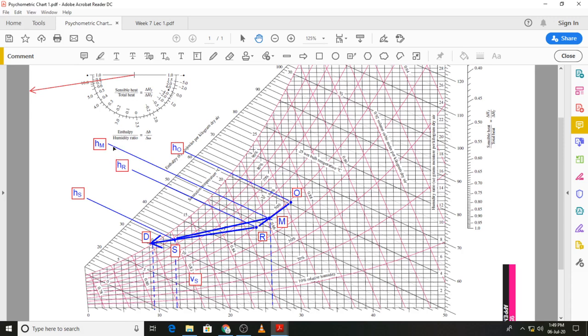You can see I have marked this constant specific enthalpy line of 52.6, and when I extend this line onto line OR, the intersection of this line with line OR gives us state m. And then once we have located state m, we can read the dry bulb temperature over here, which is 26 degrees C.